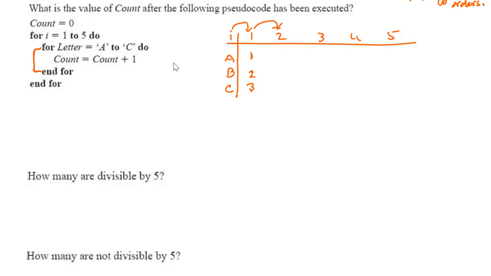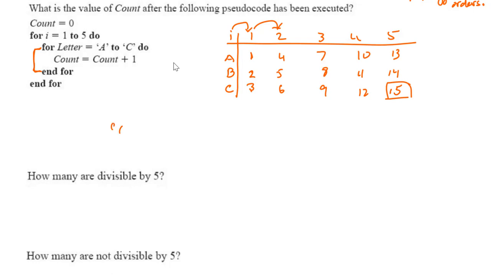So we move here, and then the count keep adding 1 to it, because count is a count plus 1. That means 4, 5, 6, and then 7, 8, 9, and then at the end when I is 5 and the letter become C, you get the count result as 15.